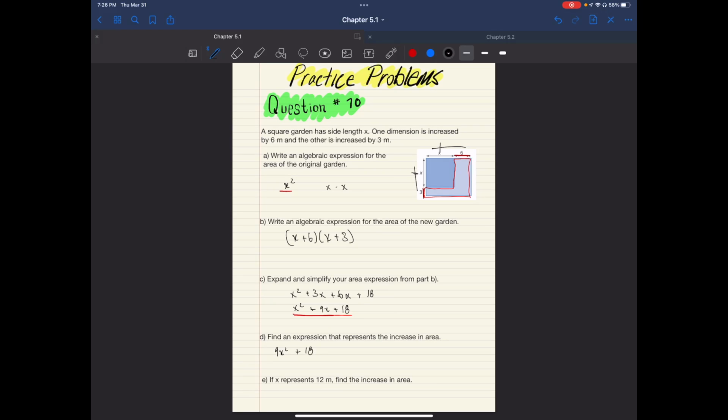Now, we can also use the algebraic tiles, right? And we can see that we would have 6 long ones here. There would be 6, 3, 4, 5, 6. There would be 3 here. 1, 2, 3.